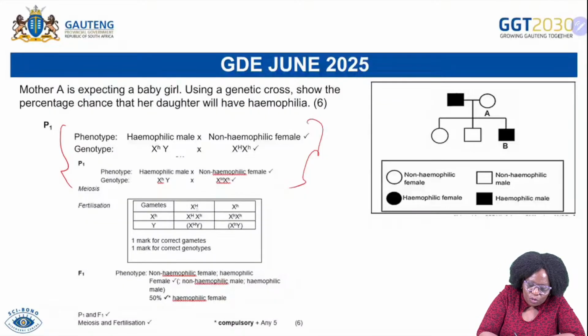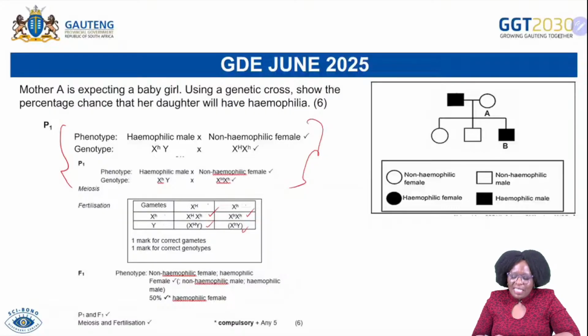And on the Punnett square, you can see the gametes. These are the females and these are the males. And the outcomes are here as you cross them. I personally find it a bit easier to use a Punnett square and not use the diagrams. However, all the learners have got the luxury to choose what works best for them and what they have been taught in class.